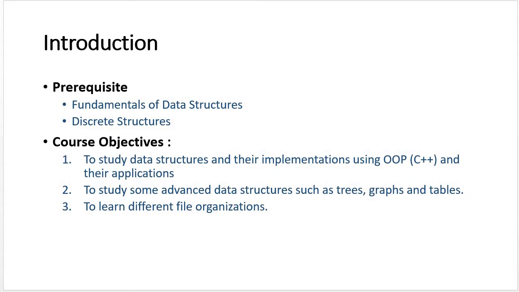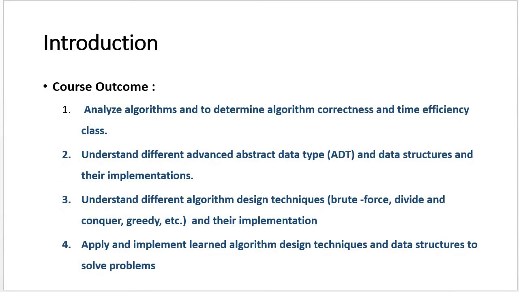The main course objective of this course is to study data structures and their implementation using OOP and their applications, to study some advanced data structures such as trees, graphs and tables, and to learn different file organizations. And what are the expectations at the end of the course?